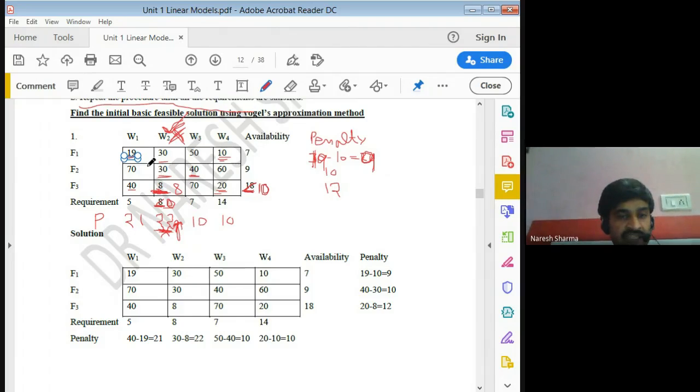Now in the remaining table, that is 3 rows and 3 columns only, we again calculate the penalty. From the first row we have 19 minus 10, so again the penalty is 9. Here 40 is the least value and the next least is 60, so 60 minus 40 is 20.